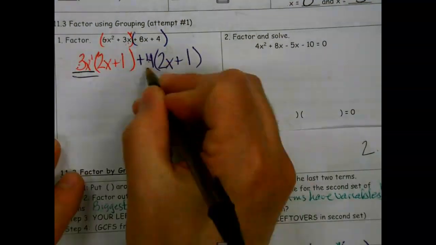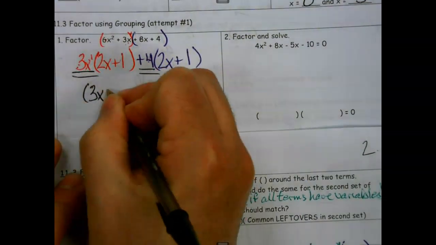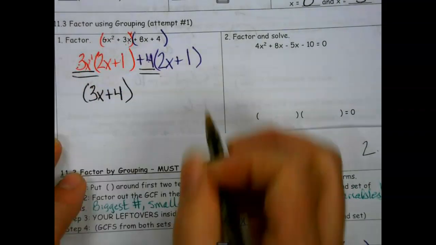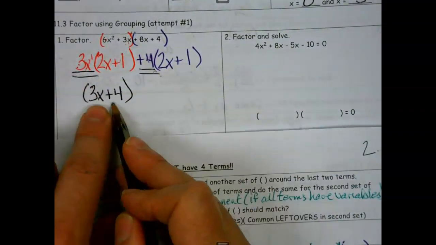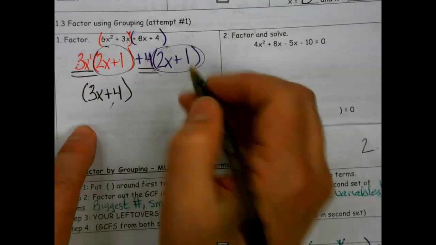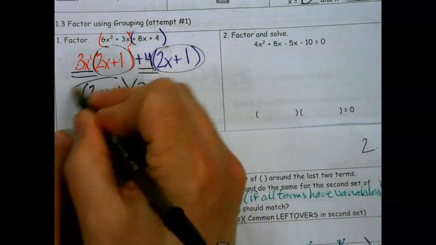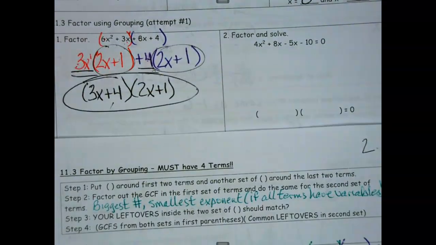And so to do my answer now, we put the leftovers that are on the outside, we put them together in a set of parentheses. And then we put the common quantity in for our other.